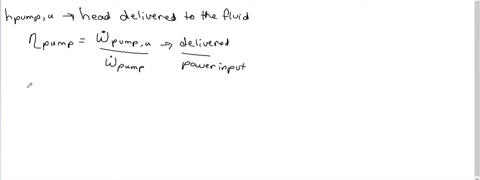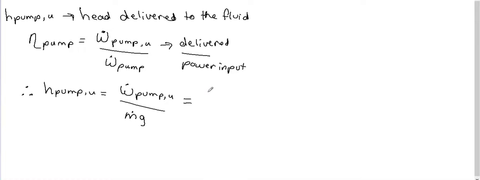And so anyway, therefore, we have the head of the pump. The useful head of the pump is going to be equal to the useful power of the pump, divided by the mass flow rate multiplied by g. We're going to define that again here in a sec.